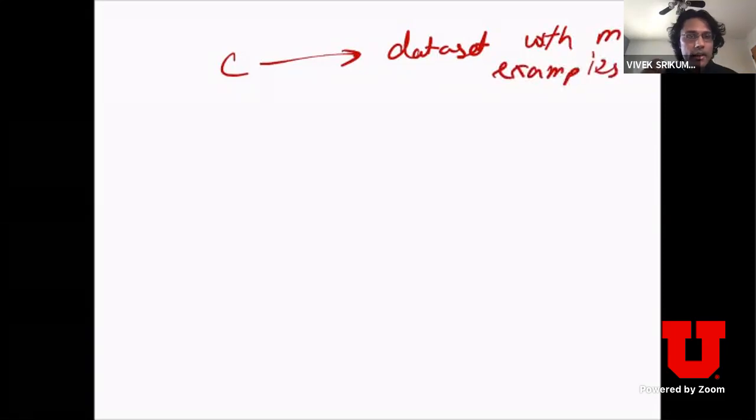Now, think about what all the PAC bounds that we've encountered are saying. They're not talking about how accurate a classifier is.